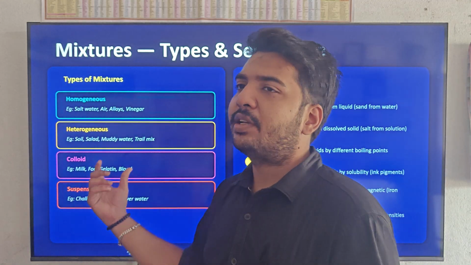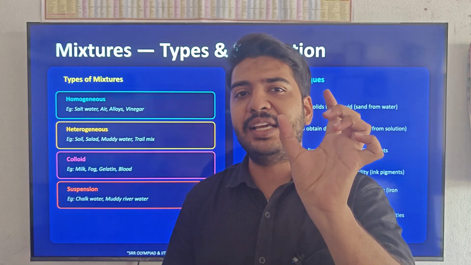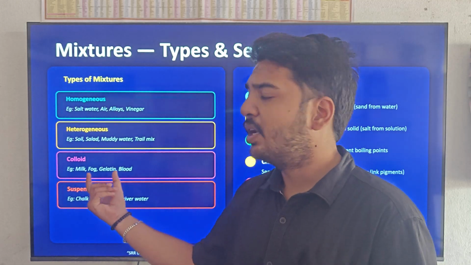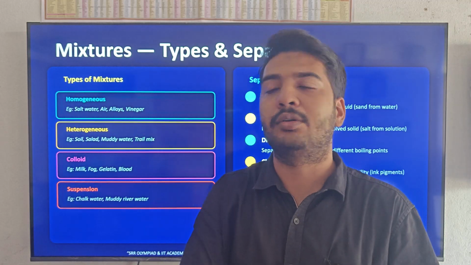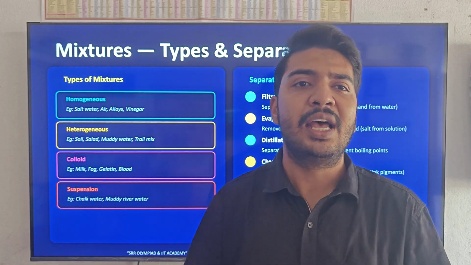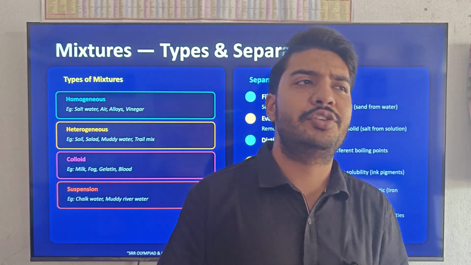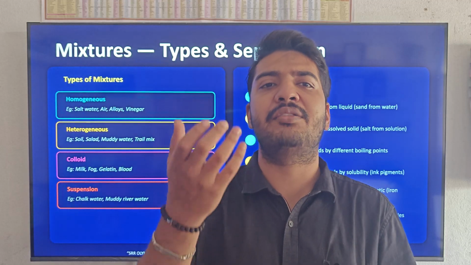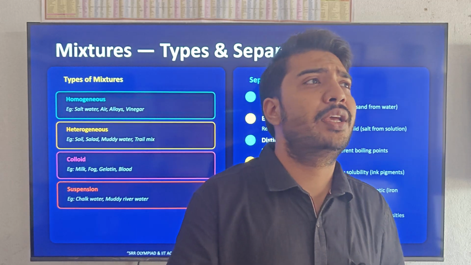So what is a colloid mixture? Example, milk. Milk can be converted into many types of things, right? And also fog, a material which can be converted into many types of things upon reaction. That is called a colloid mixture. Like how milk can be converted into curd, ghee, butter, lassi.